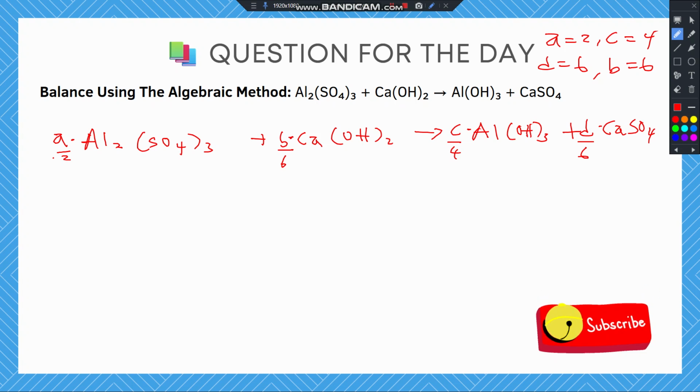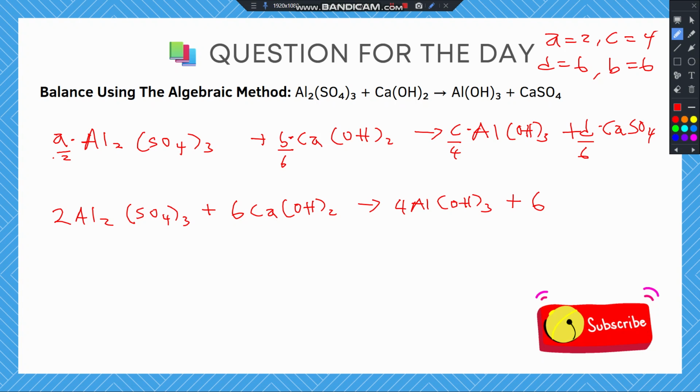So this equation now becomes 2Al₂(SO₄)₃ plus 6Ca(OH)₂, and then we have 4Al(OH)₃ plus 6CaSO₄. You can see how this was carried out step by step. At this point, we can say this is our final balanced equation and it will be correct.